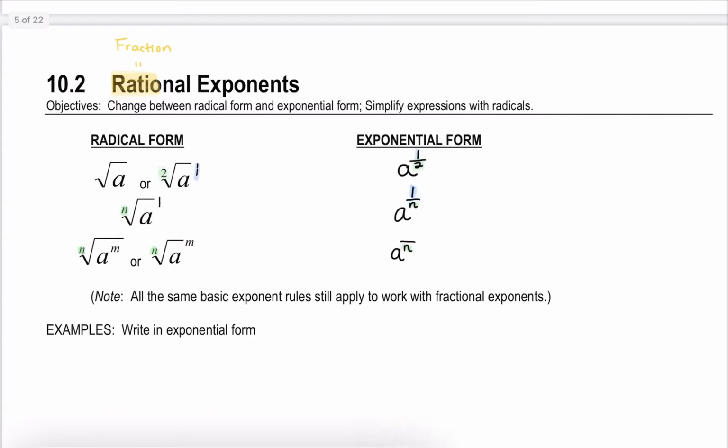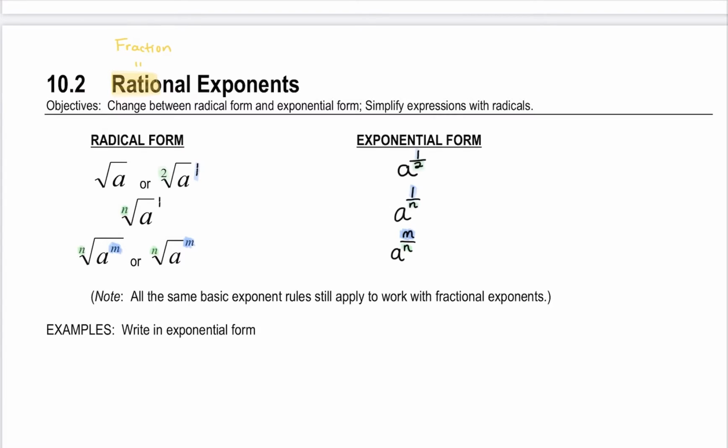But this time there is an outer power that is an m, and that m can be either inside or outside of the radical, but that power is where we're going to get a numerator power if there is anything there. If not, it's an implied 1. So that is where we would have a to the m over n.